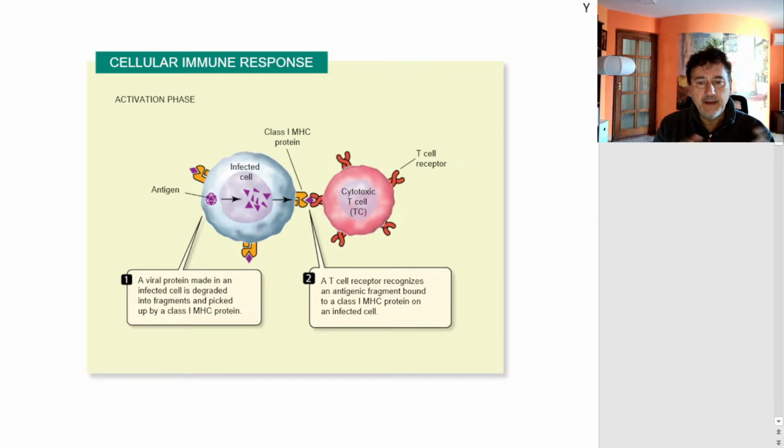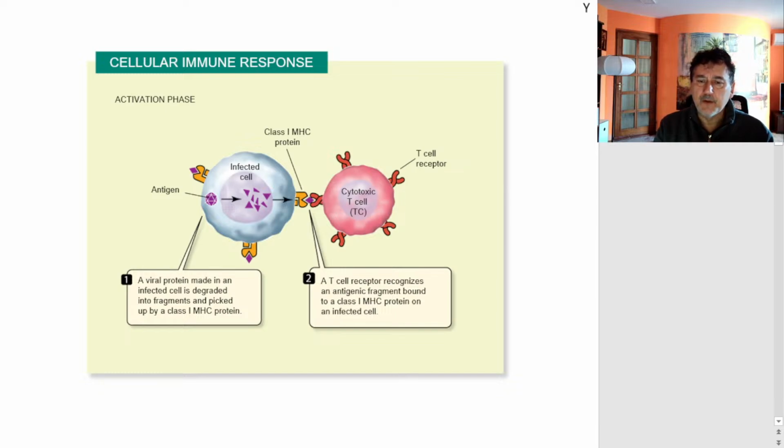Normally they display the self antigens, and the immune system comes around and checks whether everything is in order, and it checks that it's the self, it is not a problem. But when a cell is infected by a virus, then not only the self antigens but also the foreign, non-self antigens, the viral antigens, will be presented, and then here come the so-called cytotoxic T cells into the picture.